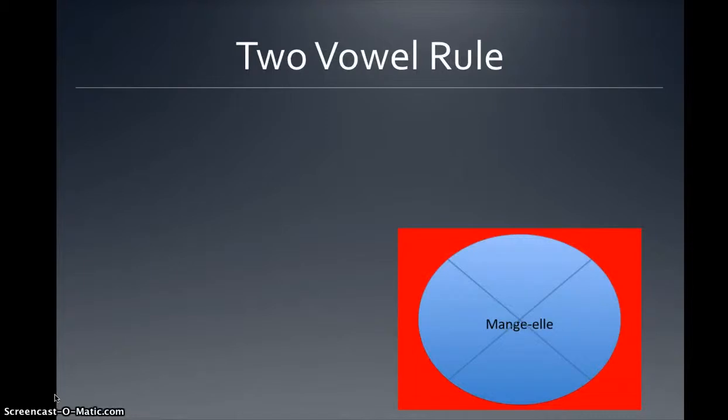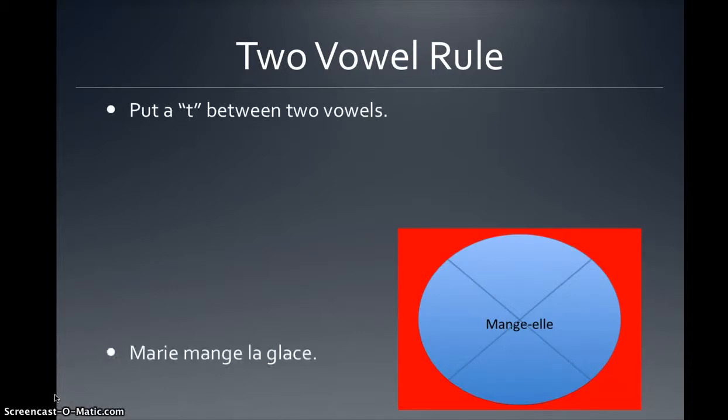There's also the 2-vowel rule. Remember, by this time in French, I'm sure you remember that they don't like sticking 2 vowels together. So we're going to have to insert something between the 2 vowels so that it has a more flowy kind of process to it. You put a T between the 2 vowels.